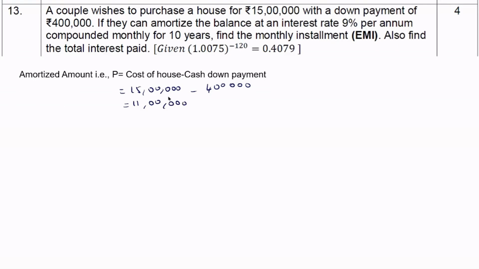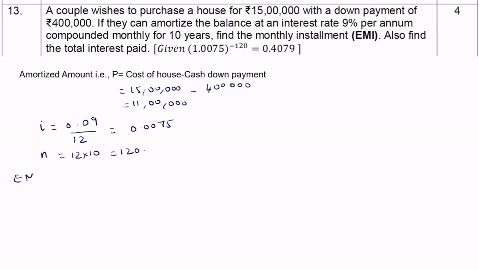So we have I is 9% per annum, but I is the interest rate per period. So it is 0.09 divided by 12. So the interest per period is 0.0075. And then the number of payments is, they are paying monthly. It is every month installment. So N is 12 into 10, which is 120.